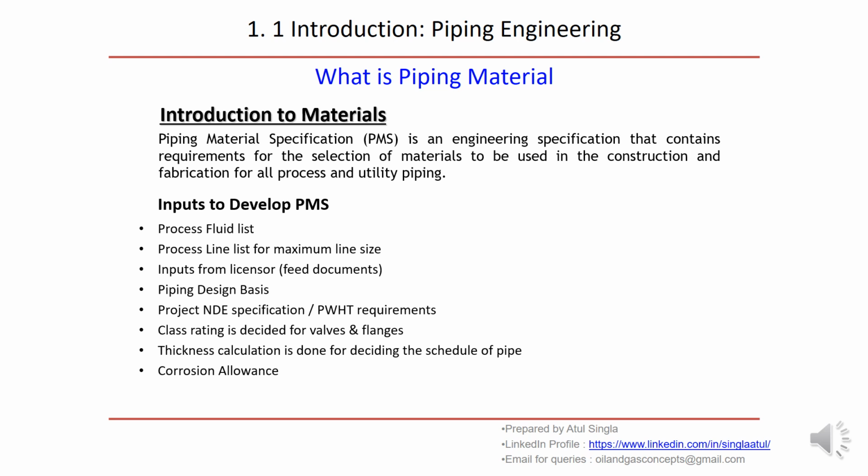Piping design basis, project and E specification, post-weld heat treatment requirements, class rating is decided for valves and flanges, and thickness calculation is done for deciding the schedule of the pipe. We'll discuss all these things in detail in coming slides or in coming videos. This is just an introduction to the various documents which are required to prepare the PMS.